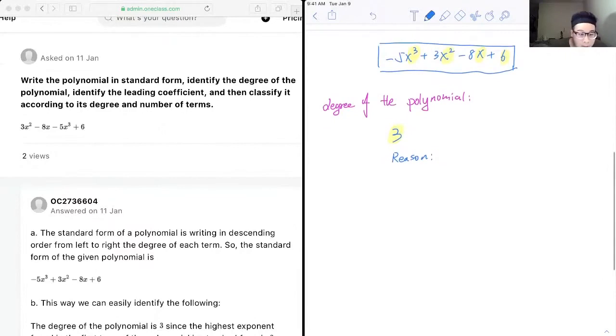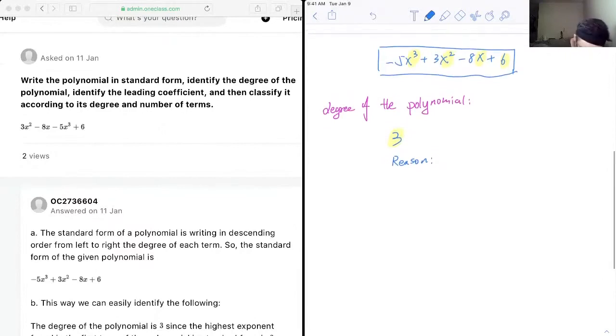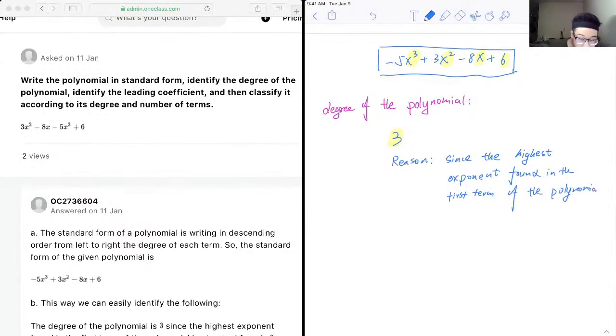Reason: since the highest exponent found in the first term of the polynomial in standard form is 3.